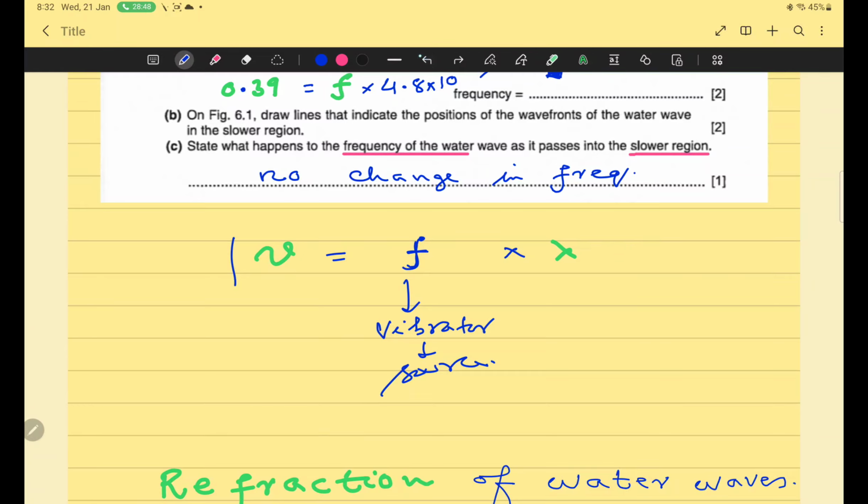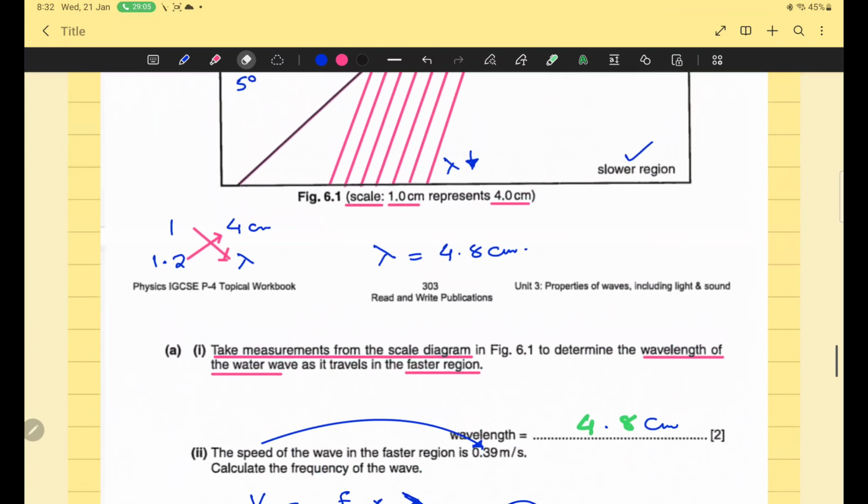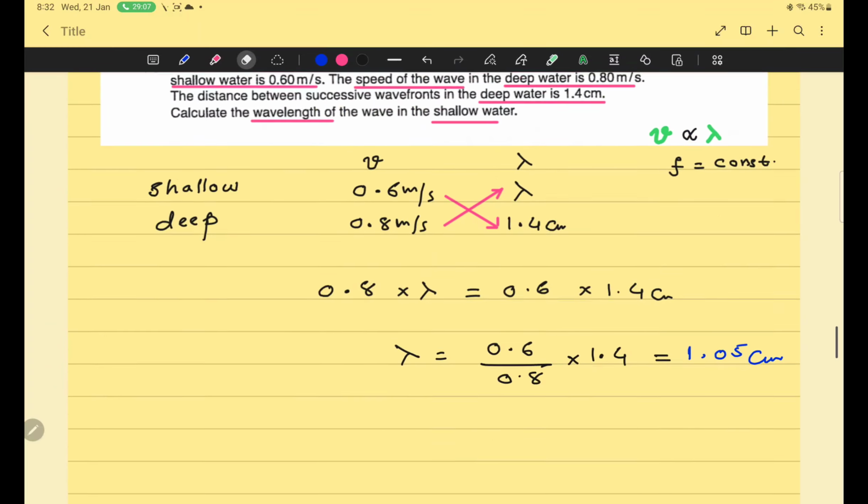In the shallow region, speed slows down and wavelength becomes shorter. So speed and wavelength change, as well as direction, but frequency never changes. I hope you will memorize and note this point.